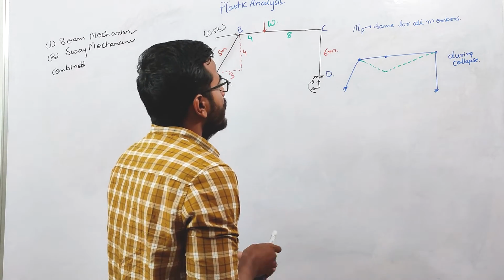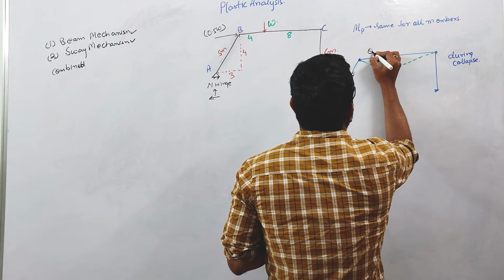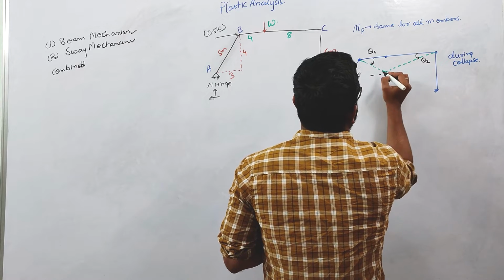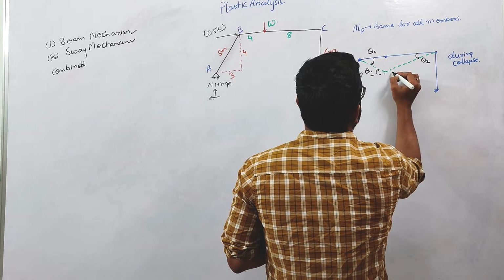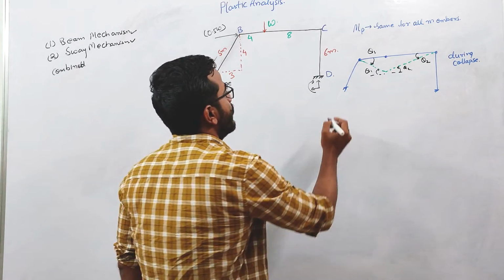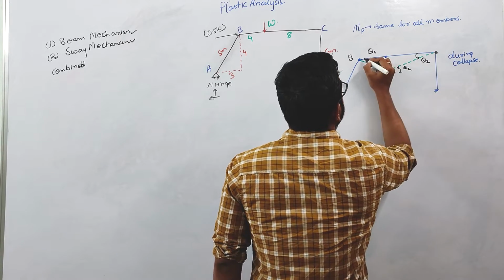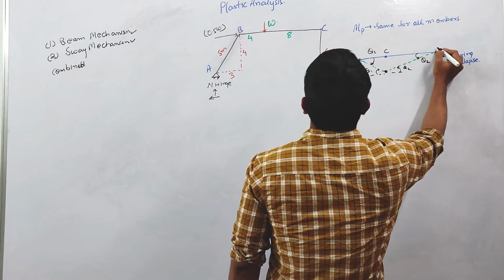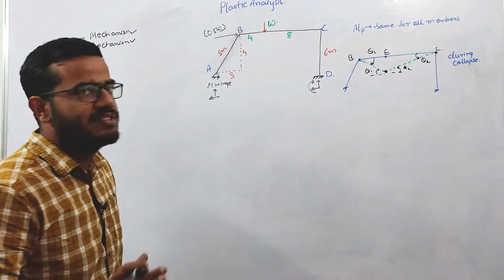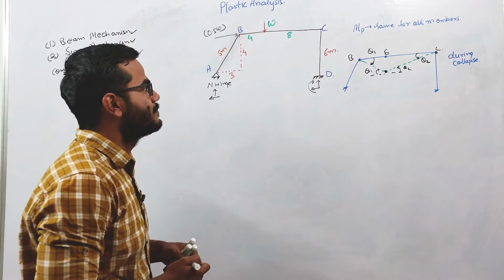So now at this location, let us suppose this is theta 1, this is theta 2. Okay, this will be theta 1 by alternate angles and this will be theta 2, right? This point is B, this is C point, and this is let us suppose E, and this is C. Okay, so plastic hinges are forming basically at B, E and C points, right?